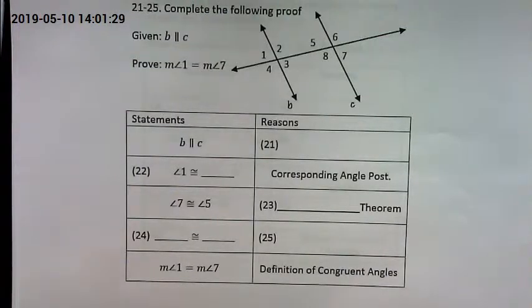Because we learn many different theorems. And some of those theorems we learned later on, some of them we learned early. And again, could you use some of those theorems later on to prove a proof faster? Yes. Is that the way that they might be going through the proof that's given to you? Not necessarily. So again, you have to look and see what information is given to you, because most of the proofs that they give you, they're going to give you some of the steps already filled in.